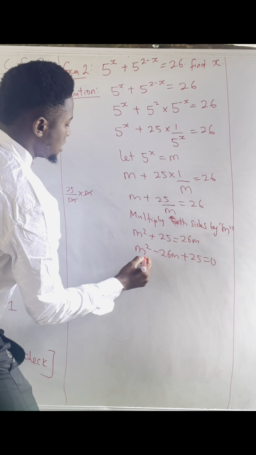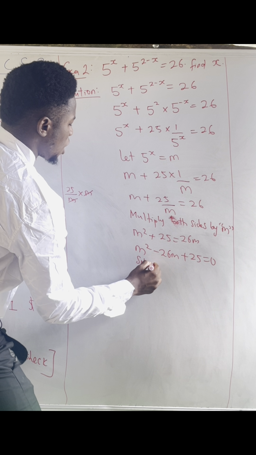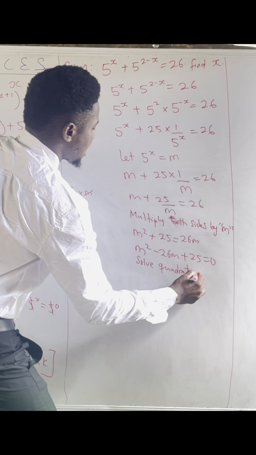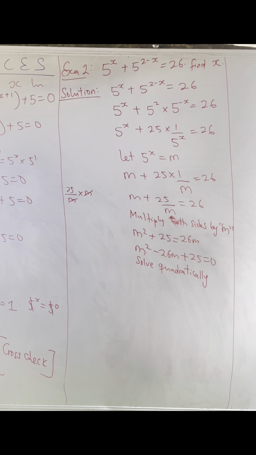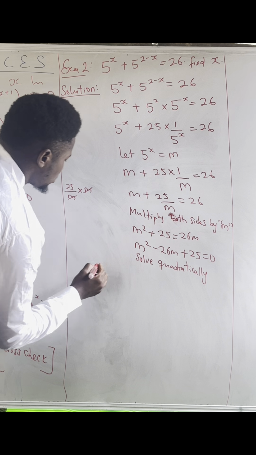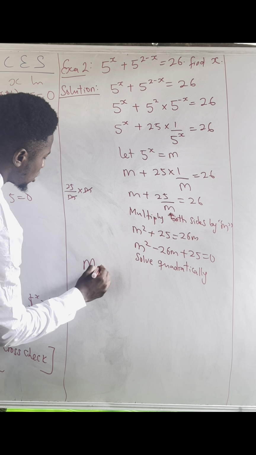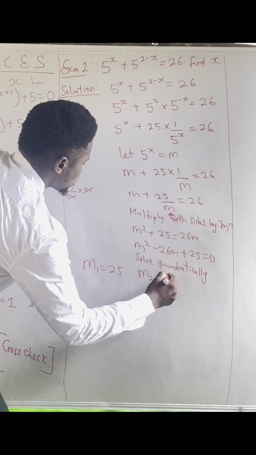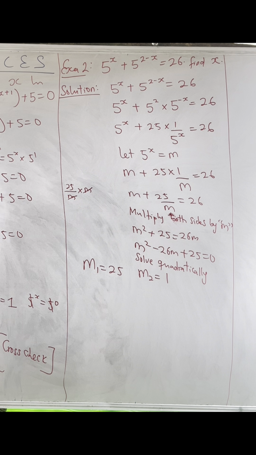I will then solve this quadratically. So guys, after solving quadratically, I'm going to see that my m1 equals 25 and my m2 equals 1.